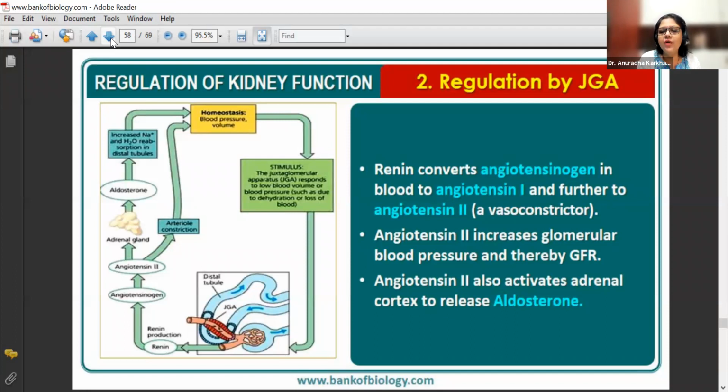Angiotensin 2 also activates adrenal cortex to synthesize aldosterone. You could see the cap on the kidney that day I showed you, right? I told you as if they are wearing snow caps. So that was your adrenal cortex area.